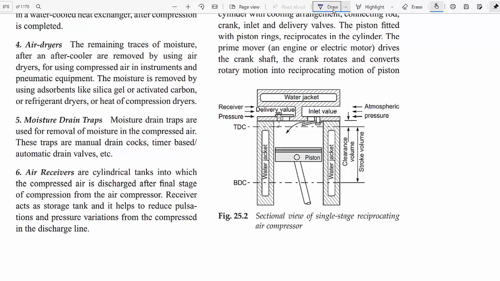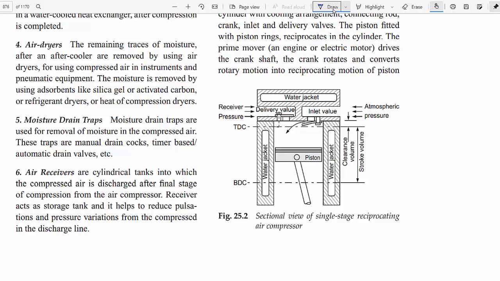To cool the piston and valves due to the rising temperature, the water jackets are available. The inlet and exit valves suck and deliver the air, and above TDC there is a volume which is called clearance volume.